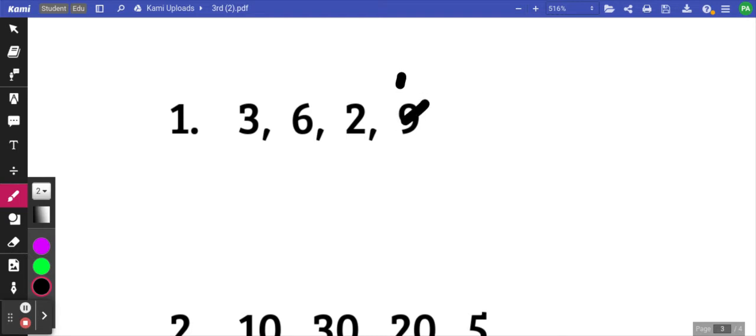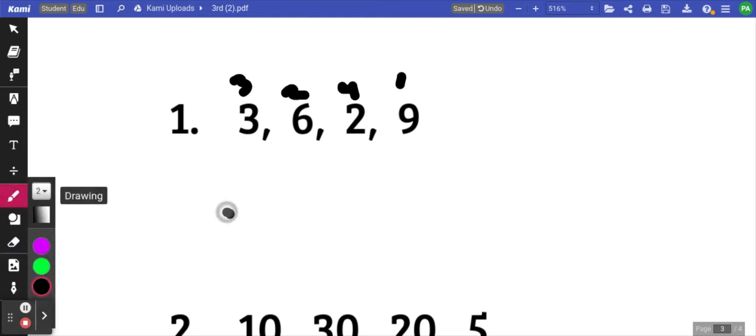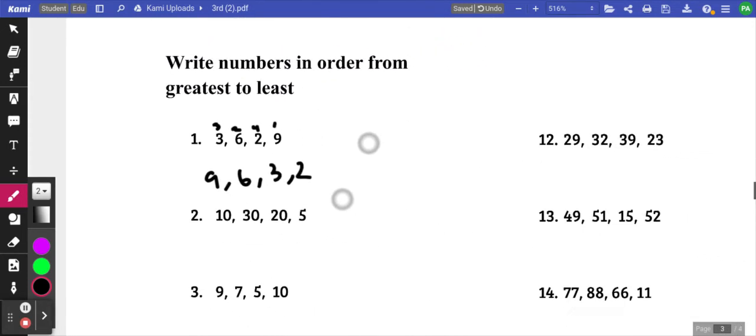Now we're going to ignore it. Out of these 3, 6, 2, which one's the greatest? 6, obviously. So we're going to put a little 2, cross that out. Between 3 and 2, obviously 3. So we're going to put 3 for 3 and then 4. Now that we have our order, we can simply write 9, 6, 3, 2. And that is our greatest to least.